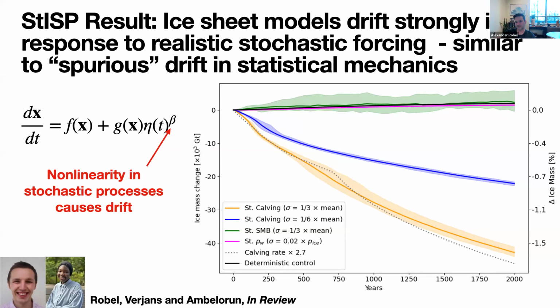In Greenland, the amount of drift that you get in this realistic simulation is equivalent to nearly tripling the rate of ice loss at the edge of the ice sheet everywhere in the ice sheet. So this is not a small drift term. This is quite a consequential drift term, and because most ice sheet models are not stochastic, it's something we're really not accounting for right now in our ice sheet model simulations.